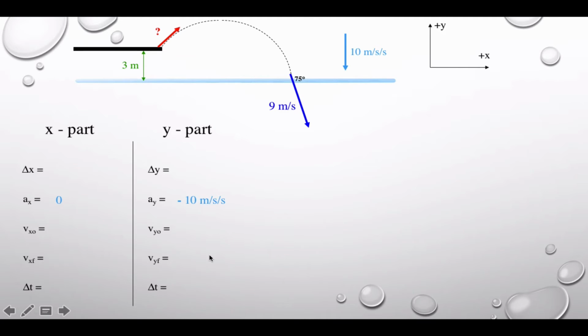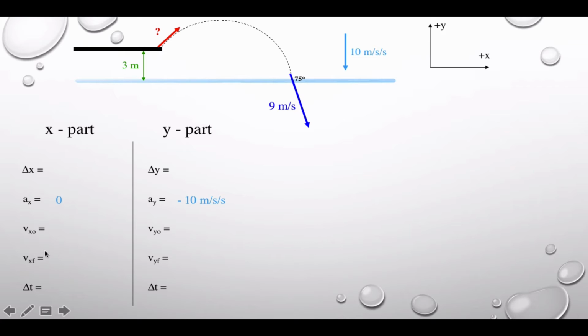Now this is a template you can use for any projectile motion problem because this will always be true for anything falling through air close to the Earth's surface. Also notice that the initial velocity in the x and the final velocity in the x will always be equal, because the velocity in the x direction does not change.